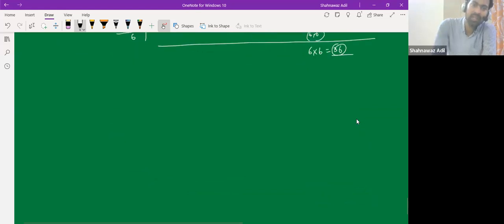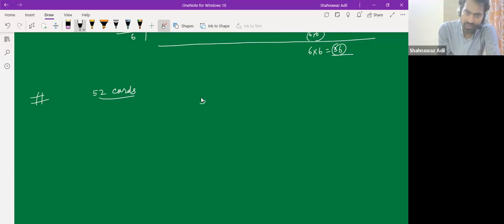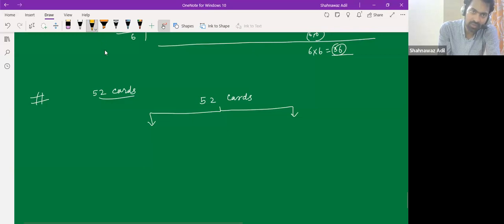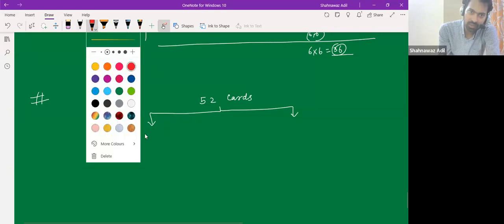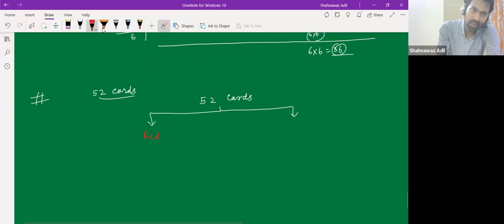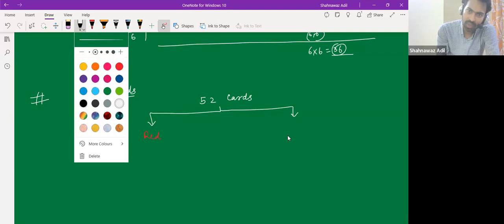And then we had this card problem, right? So we have a deck of cards, and in one deck we have 52 cards. In 52 cards, we have two divisions. One is red, and the other one is black.